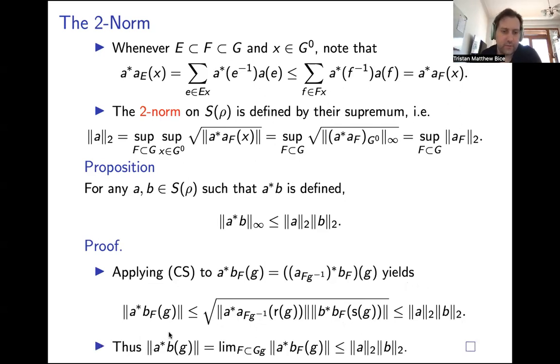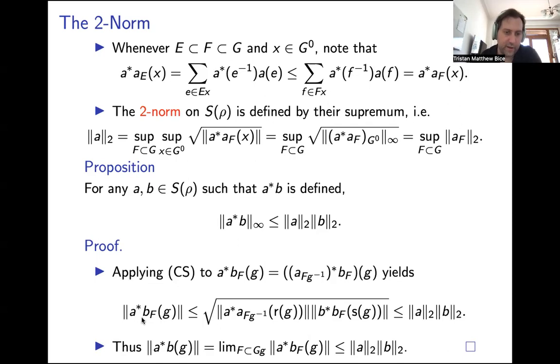Okay, so that shows that, at each individual g, we're saying A star B is defined, which means by definition that A star B at g has to be the limit of these A star B_F's.